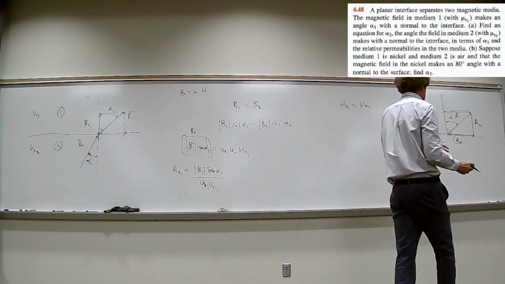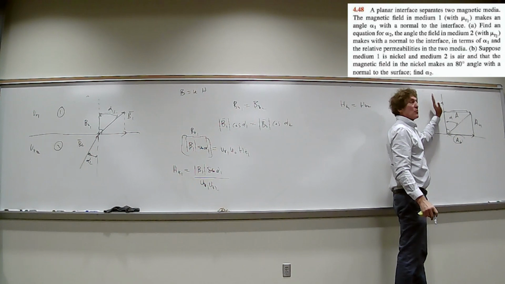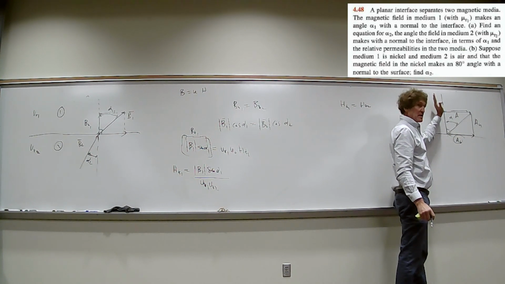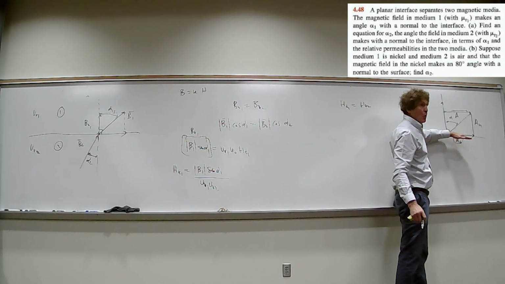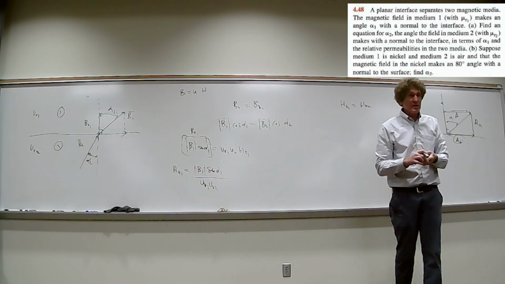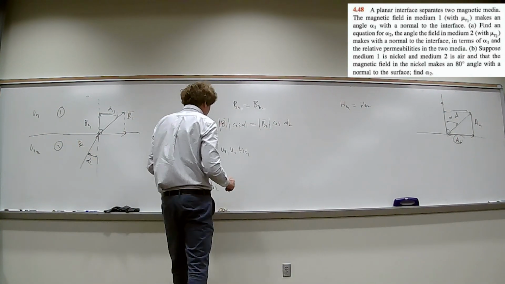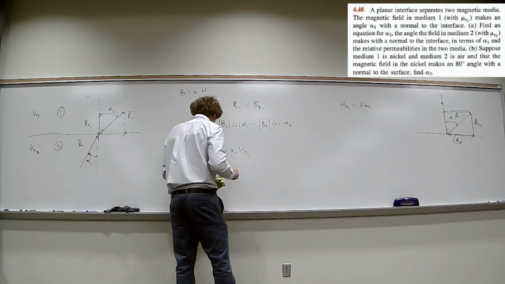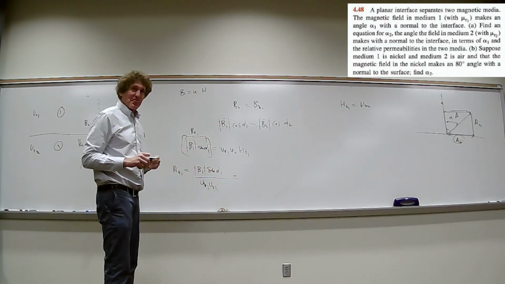So if this thing's vertically up, the projection on the horizontal plane would be 0, correct? What if it's 90 degrees? What's the sine of 90? 1. All of it would be the projection. Y'all see? I'm just trying to show you this. I don't think you'll have a problem seeing it. So that's H tan 1. It's equal to H tan 2. What do you think H tan 2 is based on this one?